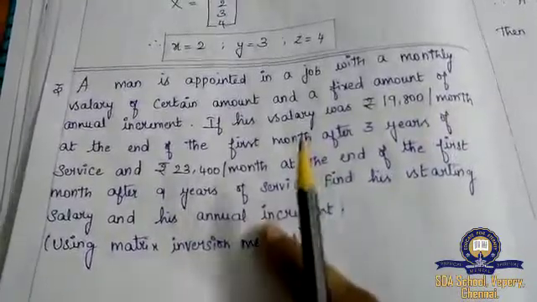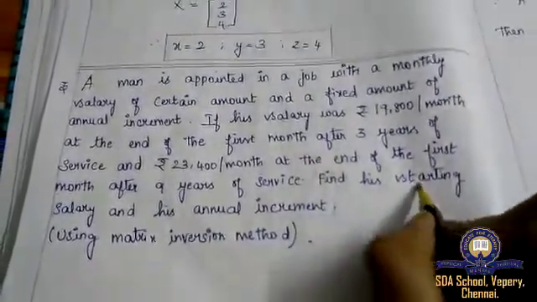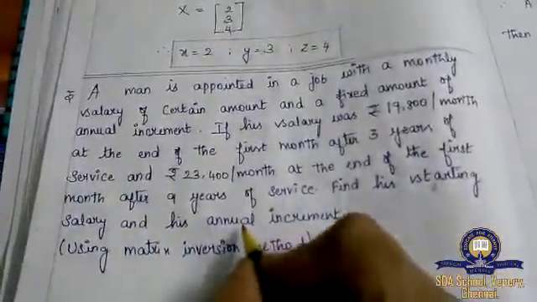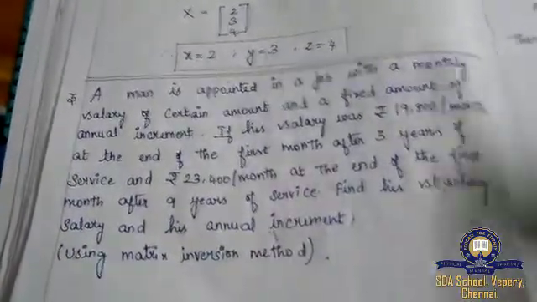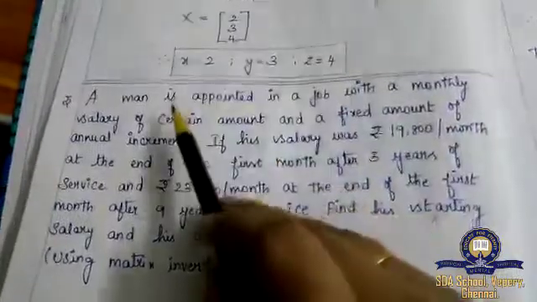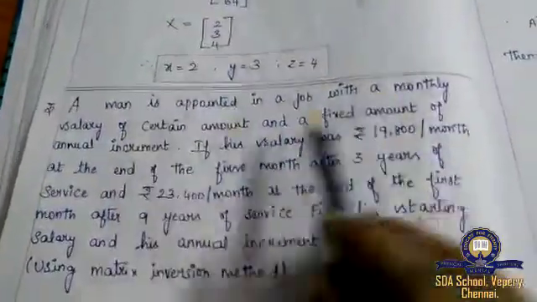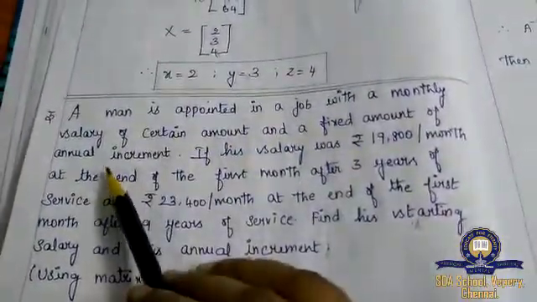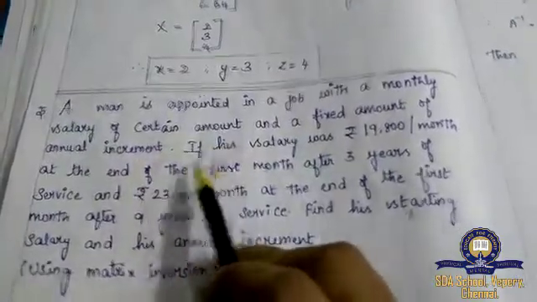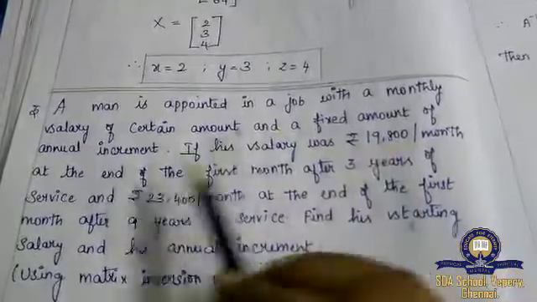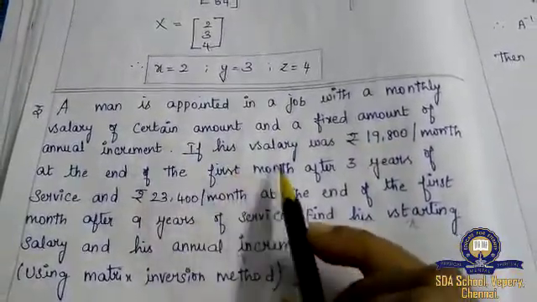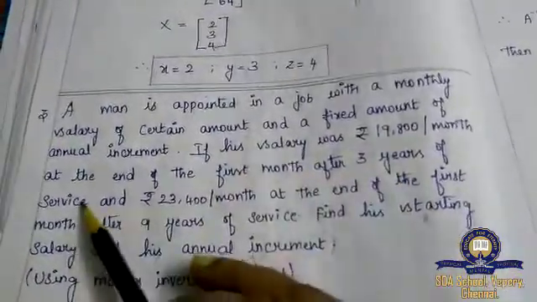So I'm going to take my starting salary as some x and his annual increment as some y. Now going back to the beginning part. So that man is getting a salary, a fixed monthly amount, and an annual increment. Now listen to the question. If his salary was rupees 19,800 at the end of the first month after 3 years of service.